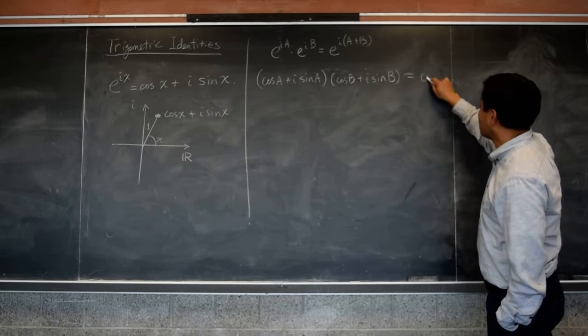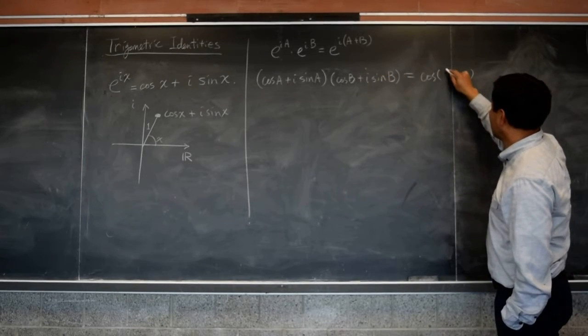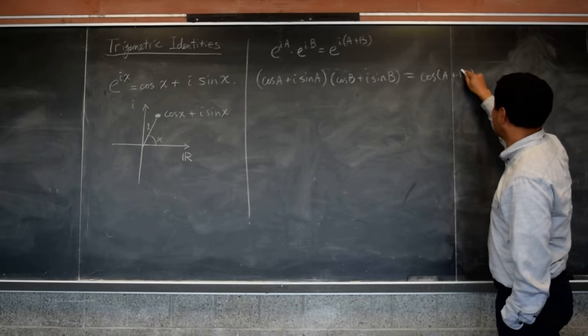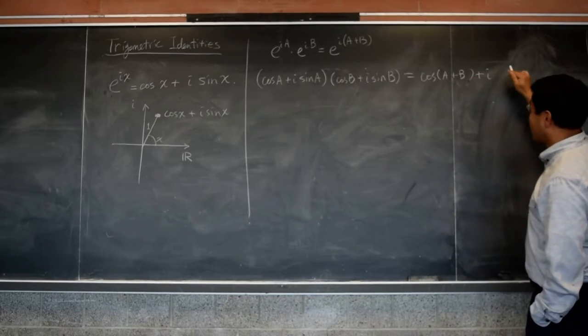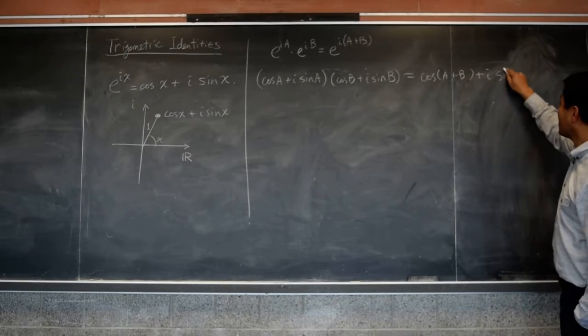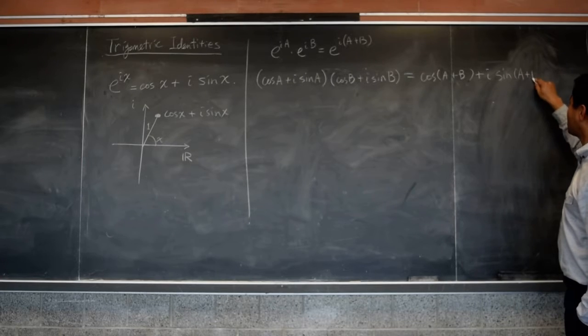So I can rewrite the right side as cosine of A plus B plus i times sine of A plus B.